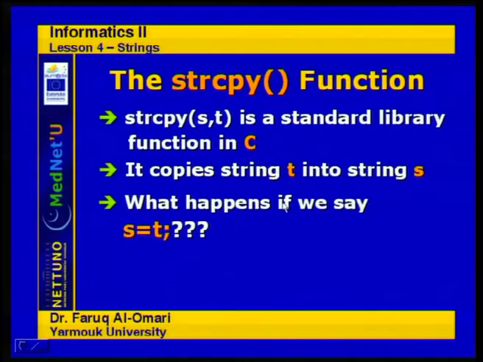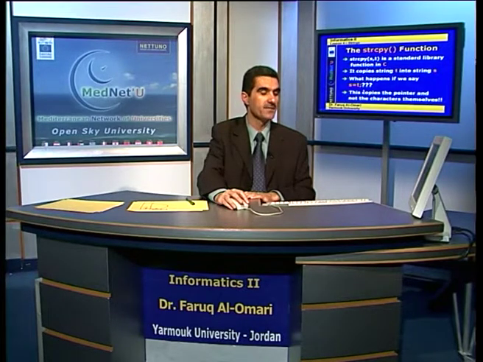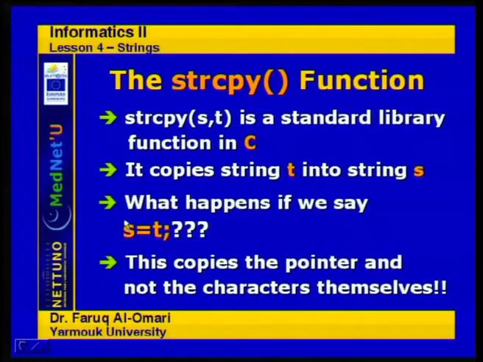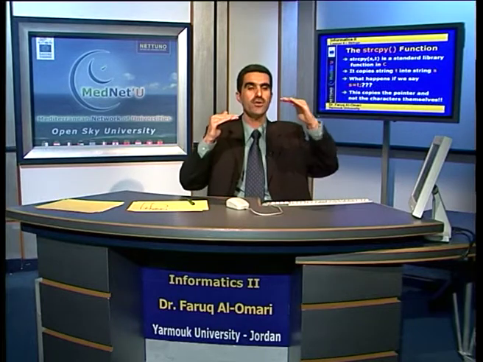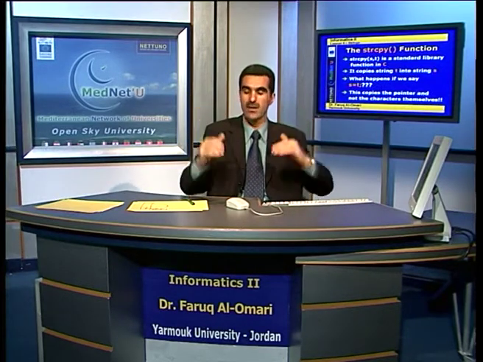Okay, let us see what happens if we say s equals t. What do you think is going to happen? Okay, let's think. It copies the pointer. Well, s and t, as we already know by now, are pointers that point to the first character in the string.